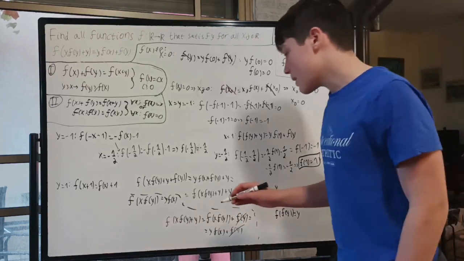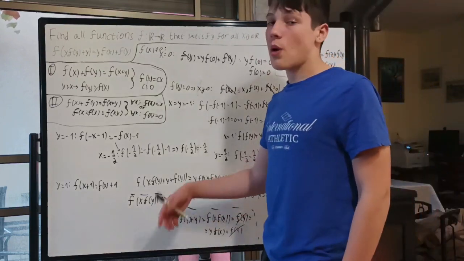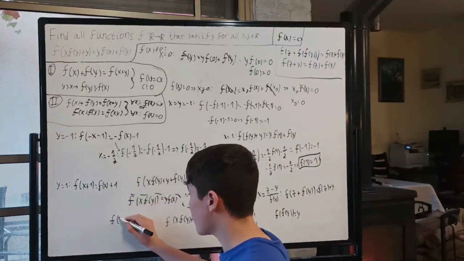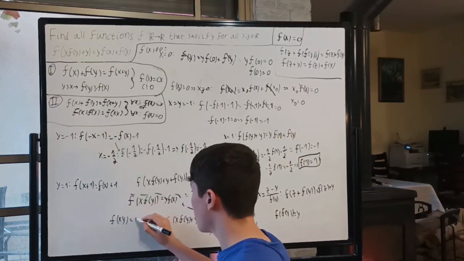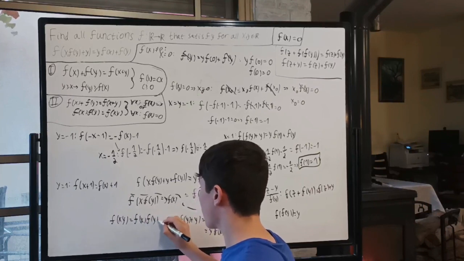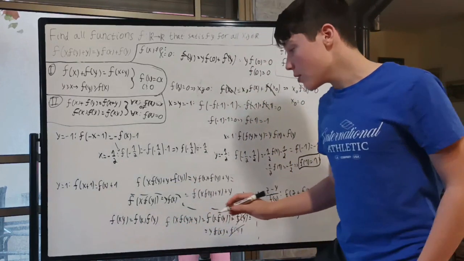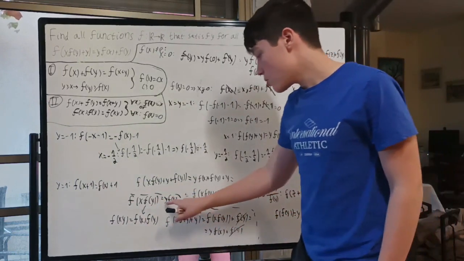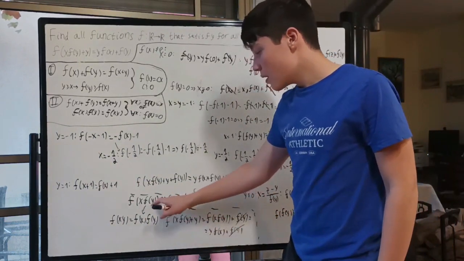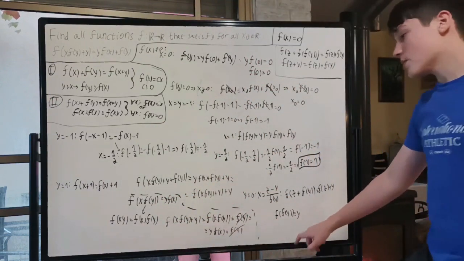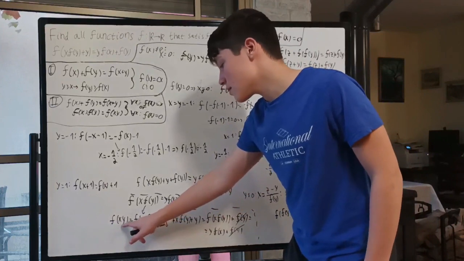So if we use this again, this f of y will turn to y, this y will turn to f of y, and we'll get f of xy is equal to f of x times f of y. And just again to be clear, we got from this by replacing y with f of y. So this y turned to this f of y, this f of y turned to f of y, which we know is y, and so this is this y.